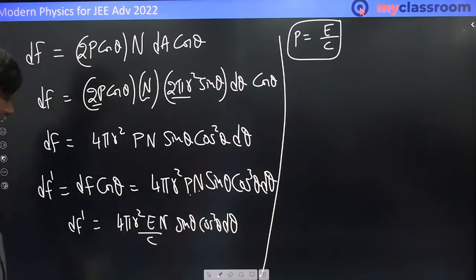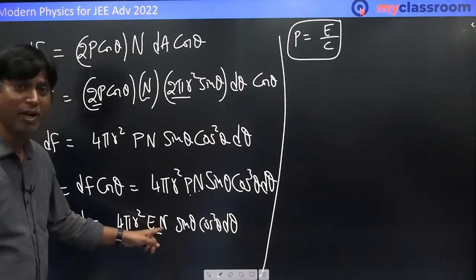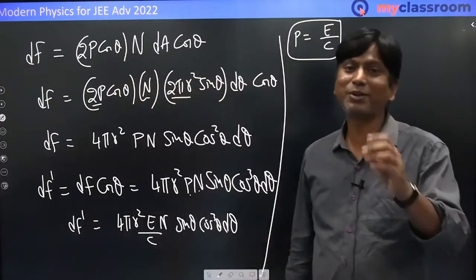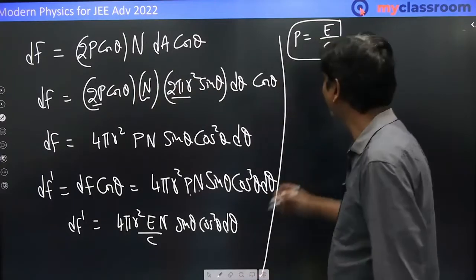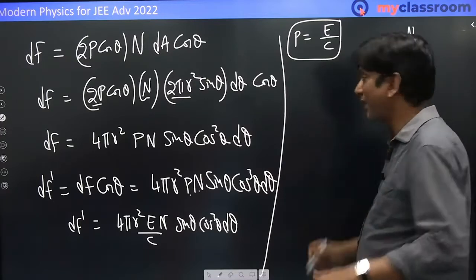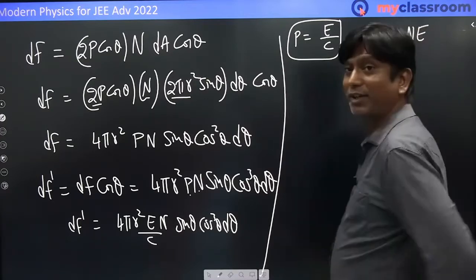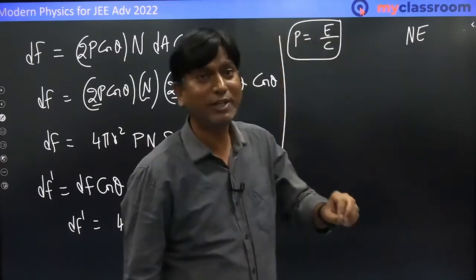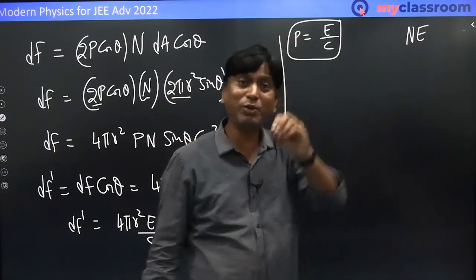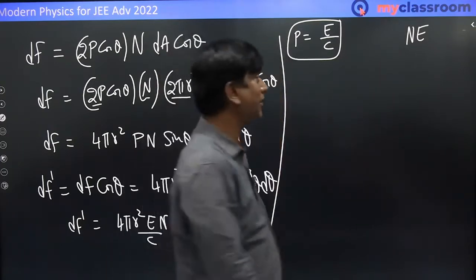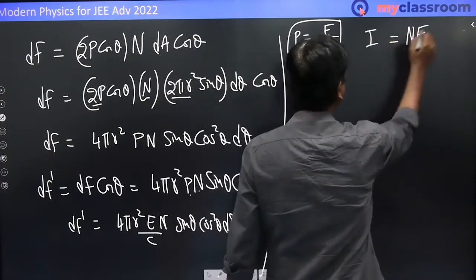Okay, next, energy of each photon into number of photons striking per unit time per unit area gives you the total energy which is falling per unit area per unit time, and the total energy falling per unit area per unit time is nothing but intensity.